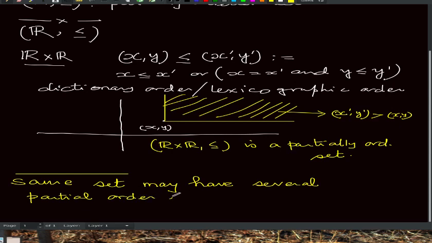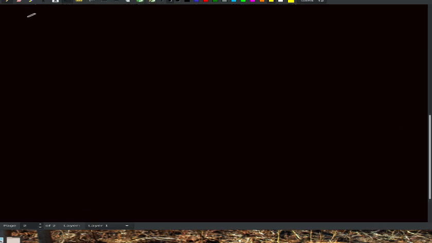So let me give an example. Let's take the case of reals. One partial order is the usual one. Another which I write as its opposite.